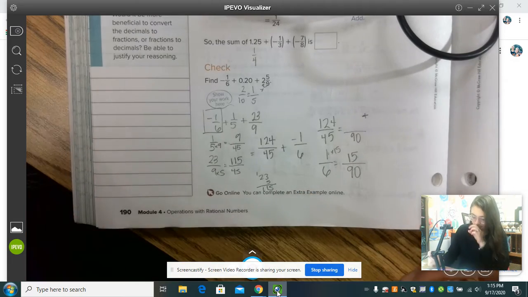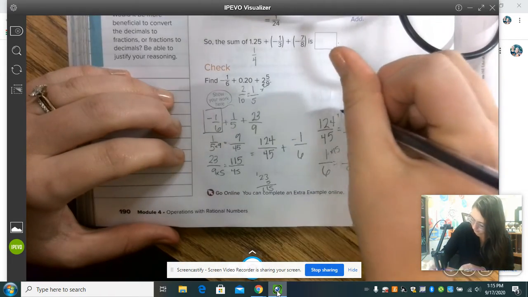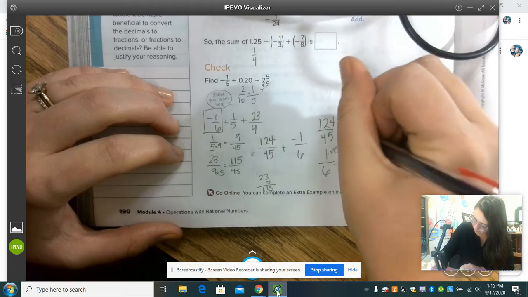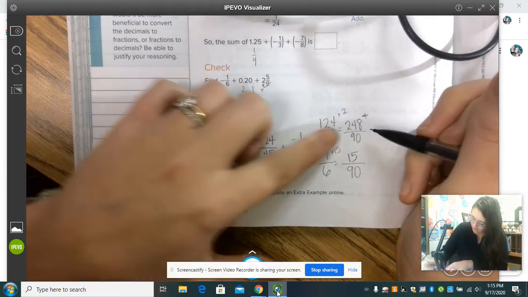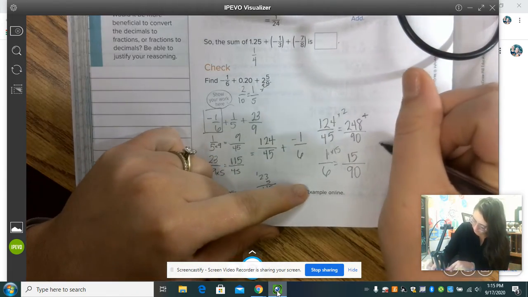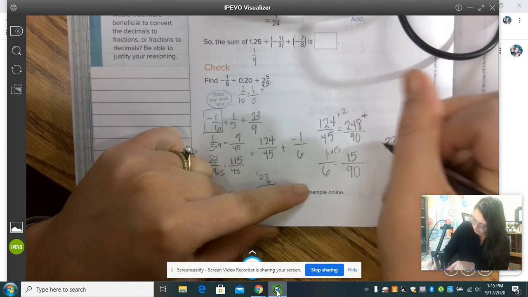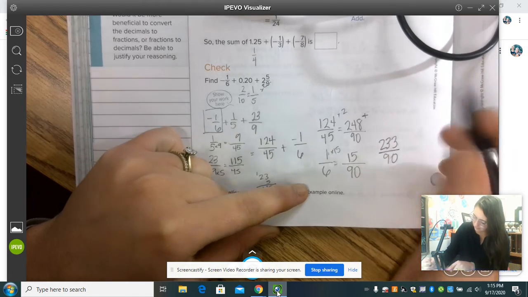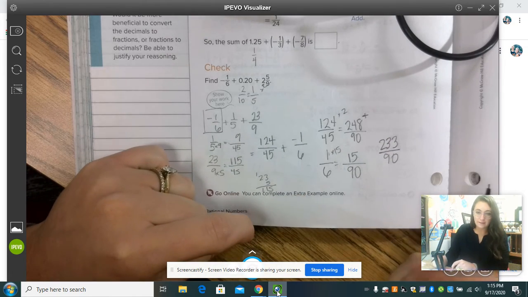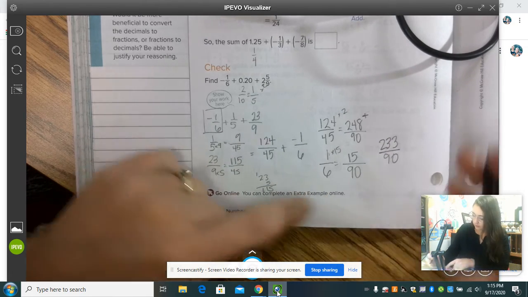Okay. And then this is going to be times 2, which is going to give me 248. And I will subtract. That would be 3 divided by 90. Okay. And then we will convert this fraction.